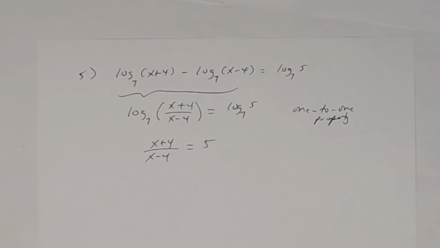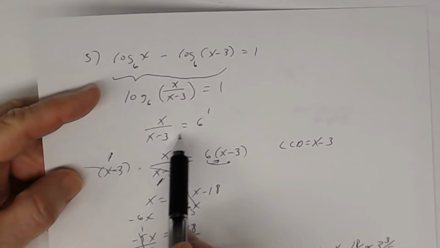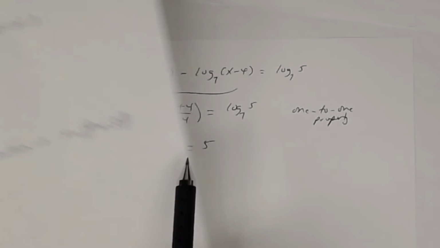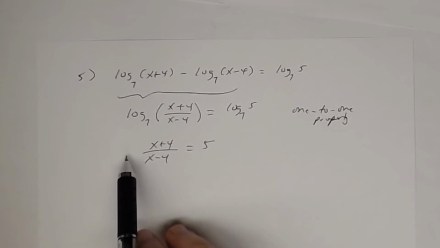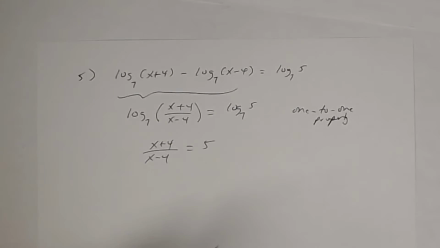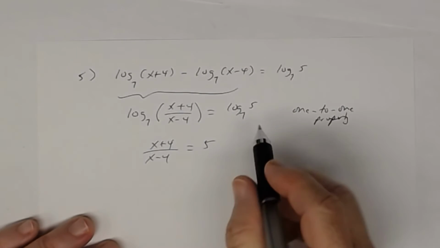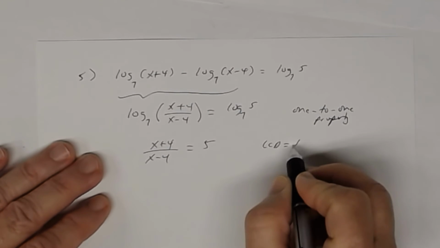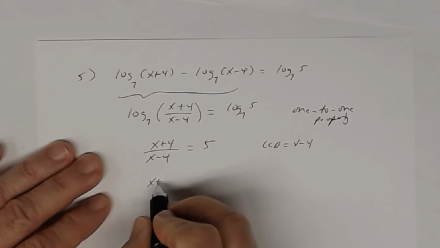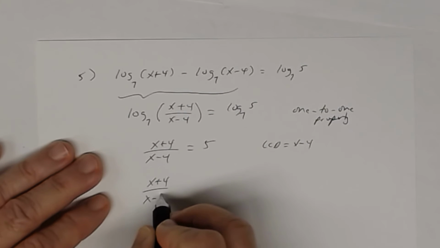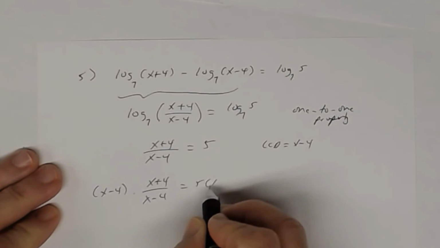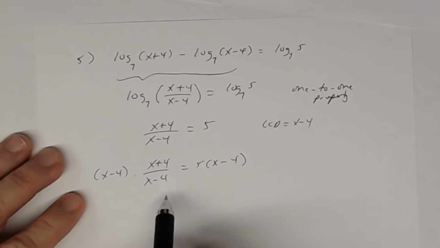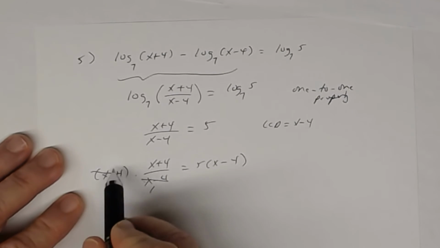And so just like we did in, I think it was number 3. Yeah, so number 3, just see this right here, looks like this, right? And so I'm going to multiply both sides by the LCD, which is x minus 4. So the LCD is x minus 4. So let me go ahead and rewrite this over. Okay, so multiply both sides by x minus 4. And so when I multiply by x minus 4, these factors divide out.